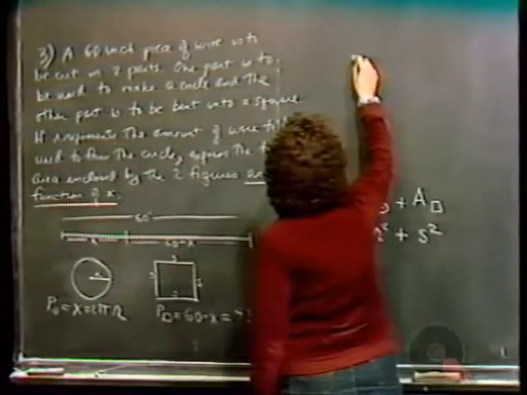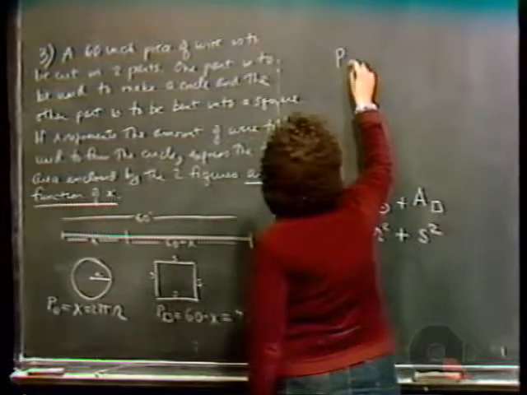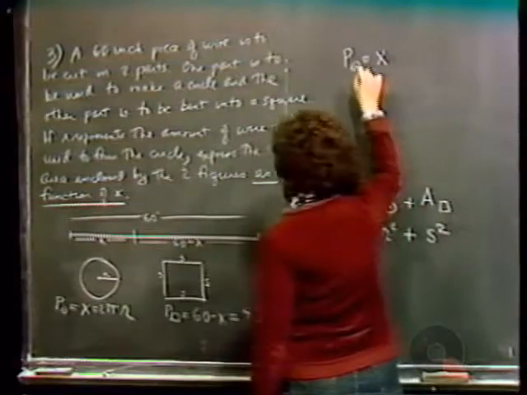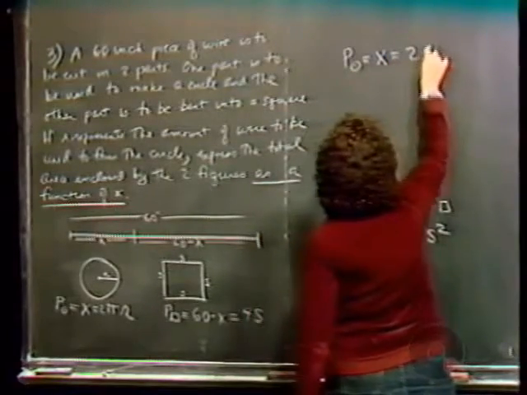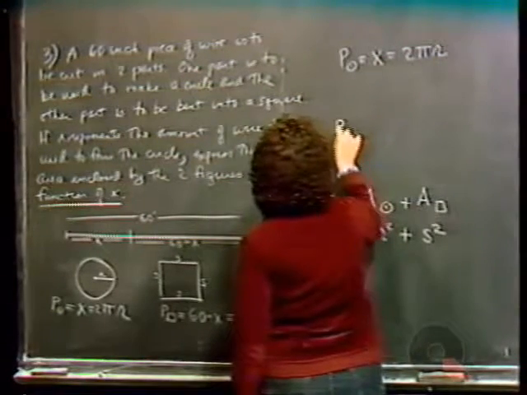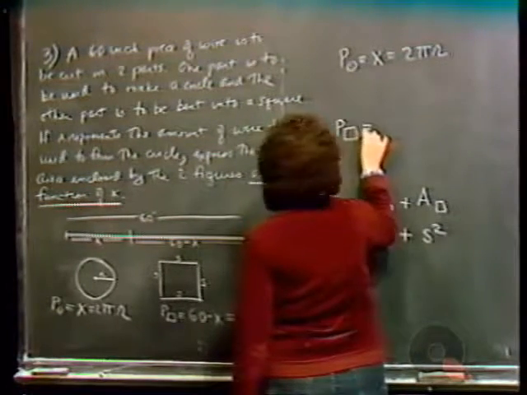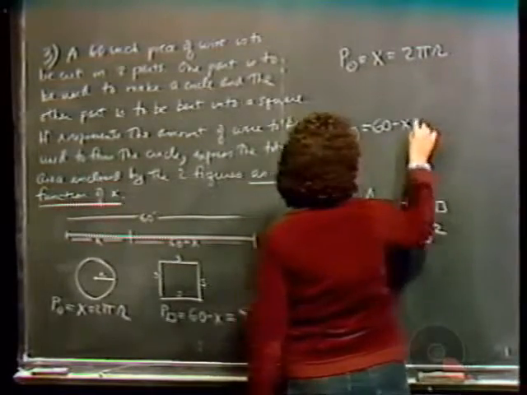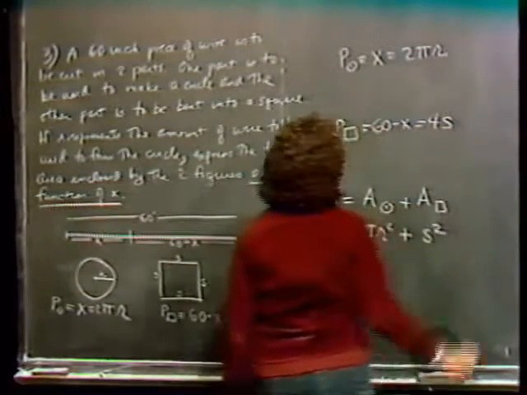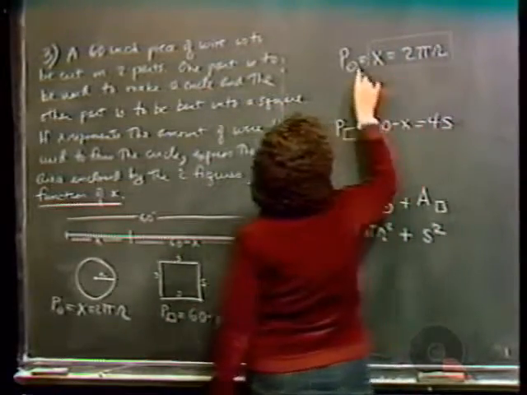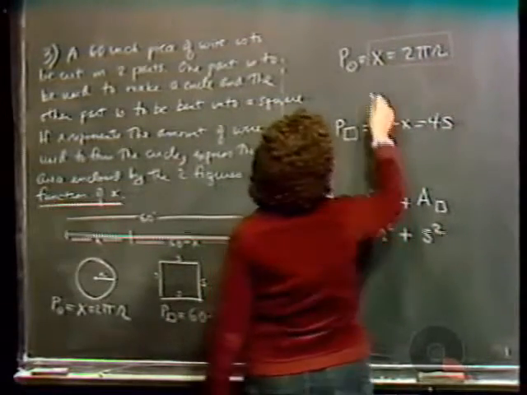We have that the perimeter of the circle, which was made out of x inches of wire, is 2 pi r, the circumference of the circle. The perimeter of the square, which was made out of the remainder, 60 minus x inches of wire, is of course 4s. Taking this, we can solve for r.